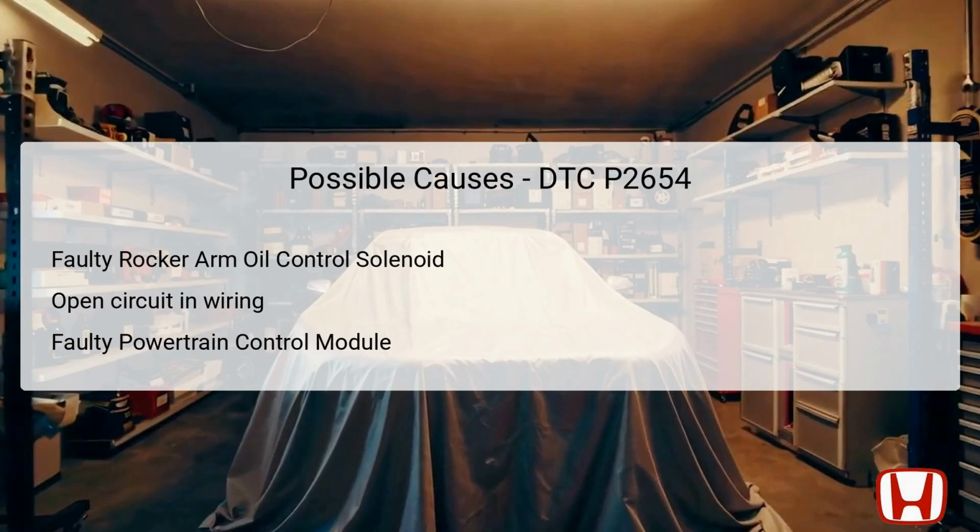Damage or disconnection in these wires can prevent the proper signal transmission, leading to errors in solenoid performance. Additionally, if the PCM itself is faulty and incorrectly interprets or processes the signals from the solenoid, it can erroneously log this code. Each of these possibilities warrants further inspection to accurately diagnose and resolve the underlying issue.